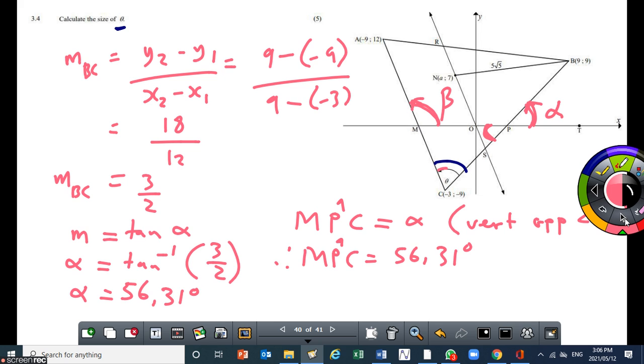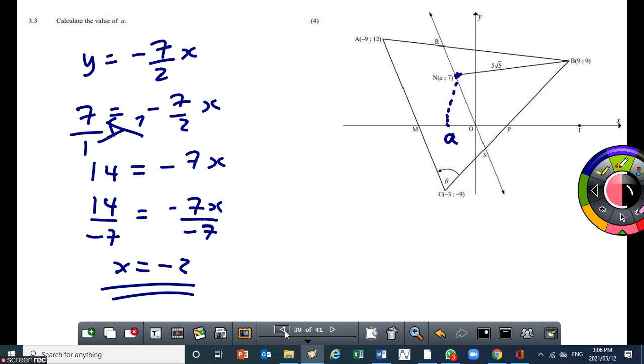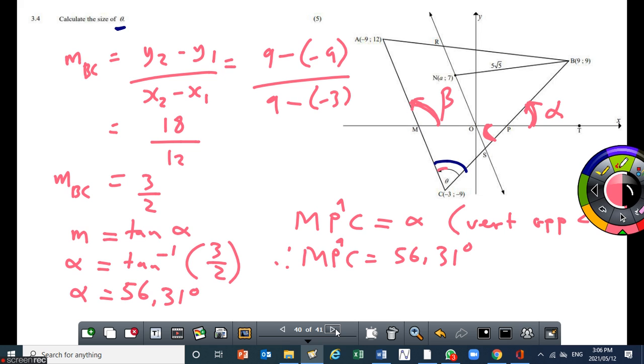So let's move on to the next page. Next page I'm going to use the gradient of AC. And the gradient of AC, you got it as what? Minus 7 over 2. Am I right? Yes. It's the same question.